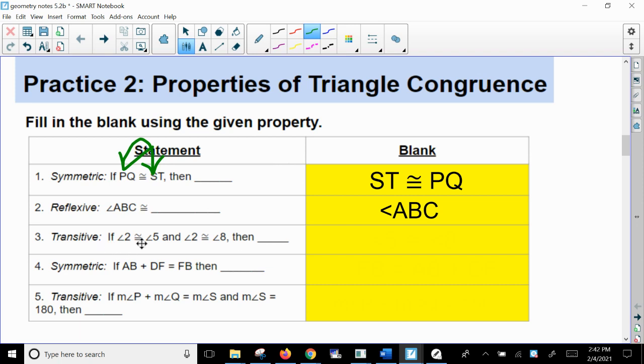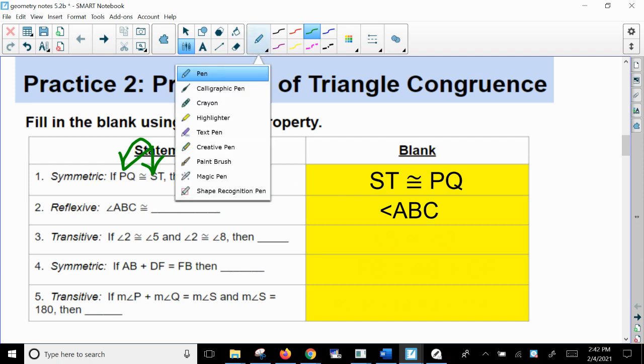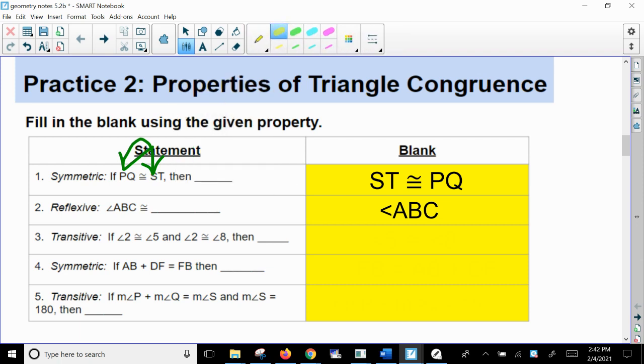If angle 2 is congruent to 5 and angle 2 is congruent to 8, then use my colors. We got angle 2 congruent to 5, angle 2 congruent to 8. Look at that. The green and the blue are both congruent to the yellow. The yellow is your common sibling. Transitive property says the green and blue are congruent to each other. 5 is congruent to 8.